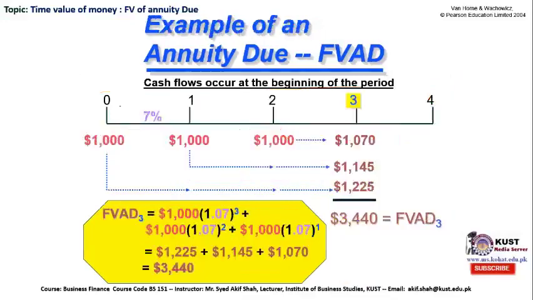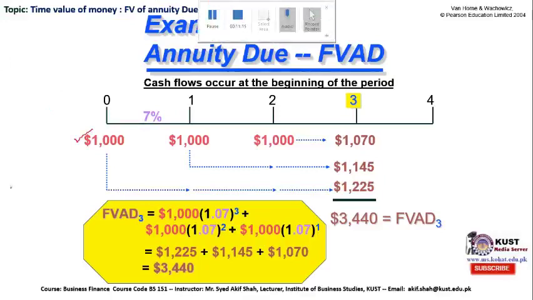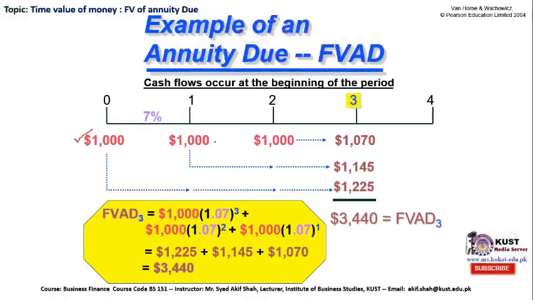Let's put the values on the timeline. We were supposed to invest $1,000 at the start of the year, and once again $1,000 at the start of second year, and then $1,000 at the beginning of third year. And the question was asking us to calculate the future value of annuity due at the end of third year.